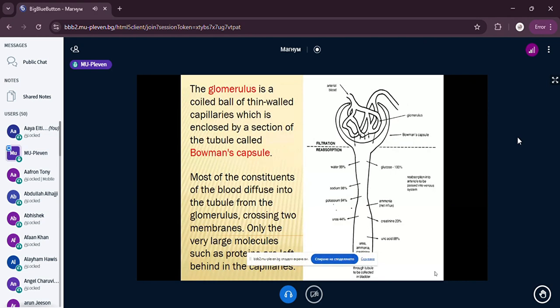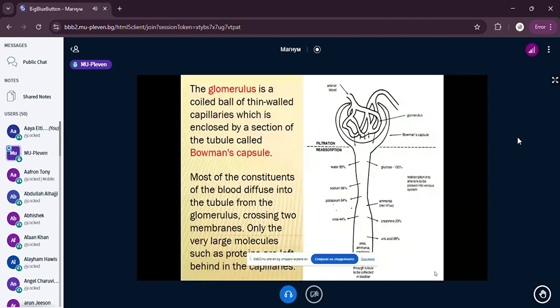Really, the driving force here is the positive pressure produced by the heart, which means a hydrostatic pressure gradient. And this you must know: if the driving force is a hydrostatic pressure gradient, what is this process called?